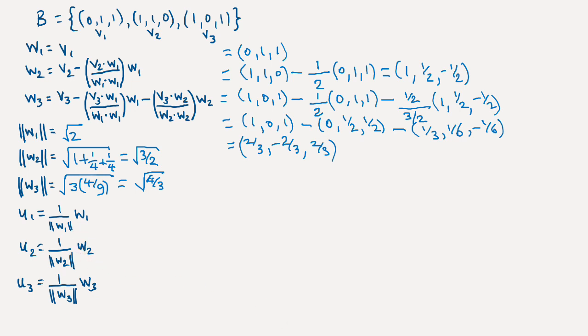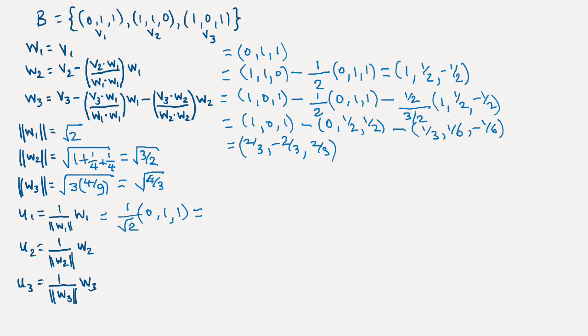So let's do that. So U1 is going to be 1 over root 2 times 0, 1, 1. It's good practice to have square roots in the numerator rather than the denominator.